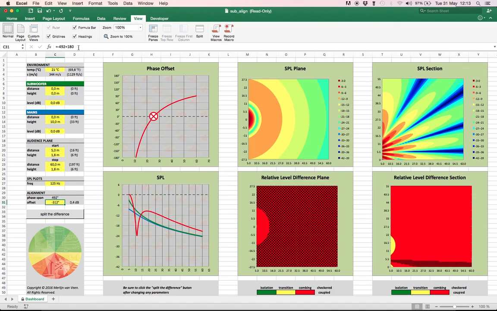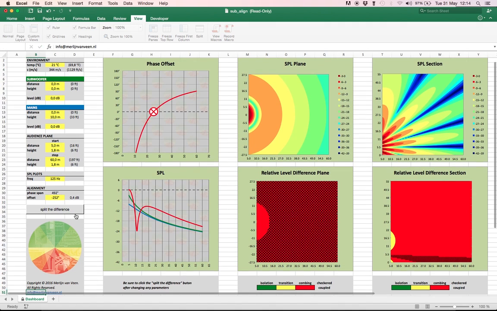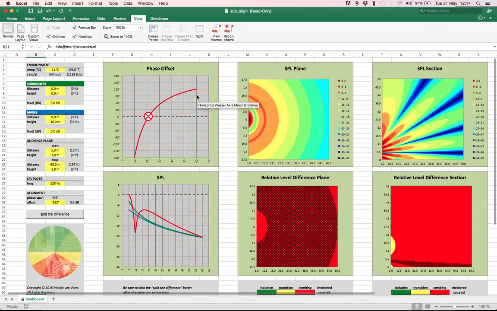Then we have to take our initial value, the negative amount of phase span, or the scope of our problem, and add twice the amount of phase offset that we want to be left over with in the back of the audience. In this case, 120 degrees, so we need to add 240 degrees, enter and split the difference. And what was previously 90 degrees will now be 120 degrees.